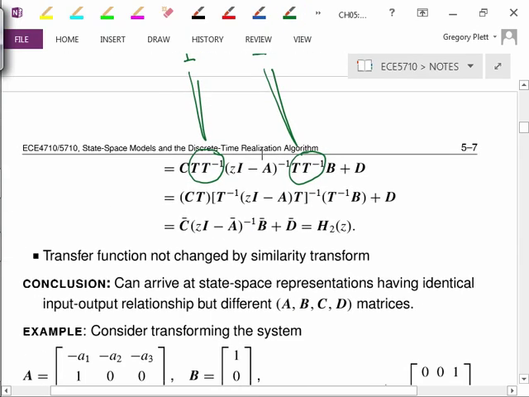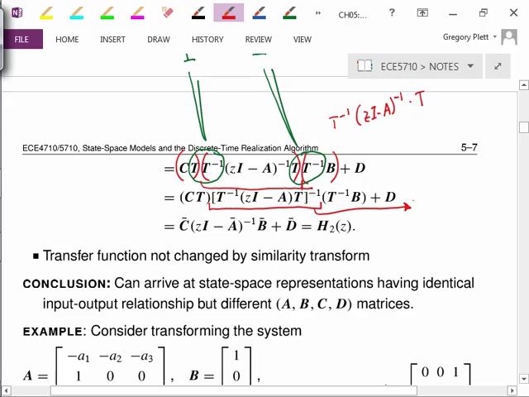The next thing that we do is we change how we bracket stuff. So we bracket stuff like this instead of how we had previously bracketed things. But then we have to be a little bit careful going to the next line. So what we have here, if you look at that carefully, we have T inverse times (zI minus A) inverse times T. And I'm claiming that it's equal to this. So let's look at this.